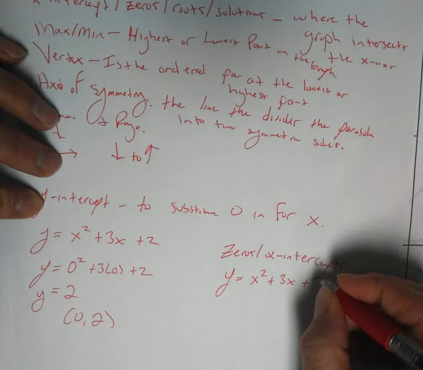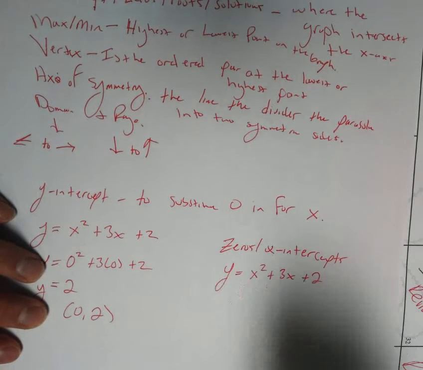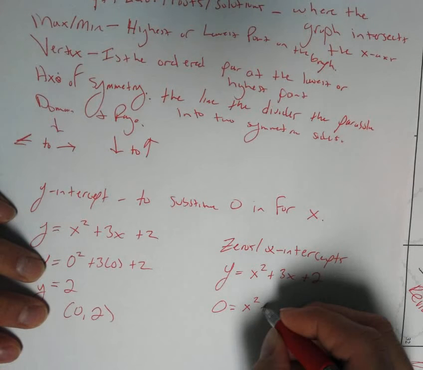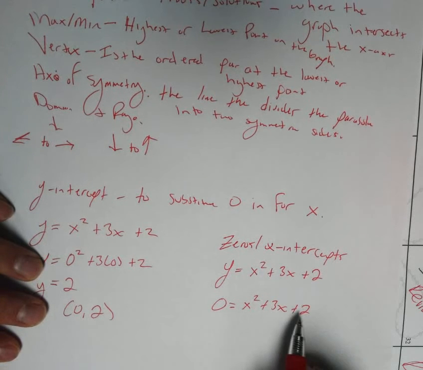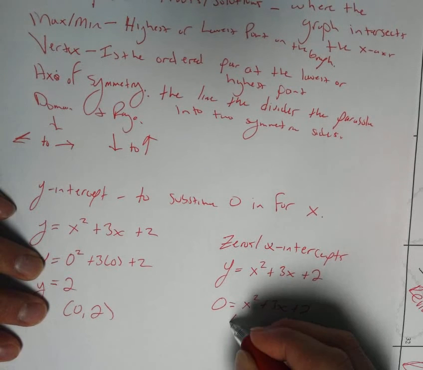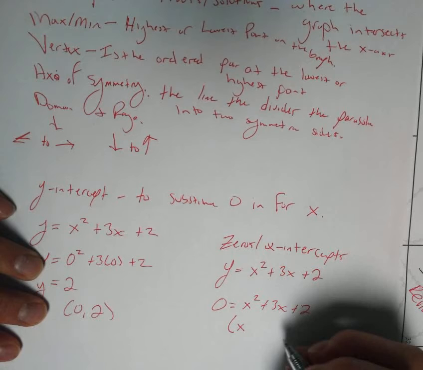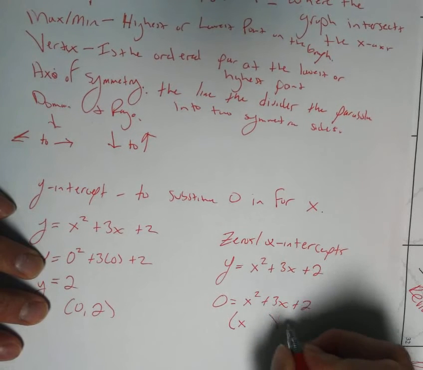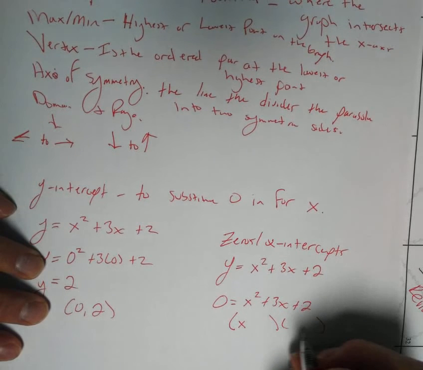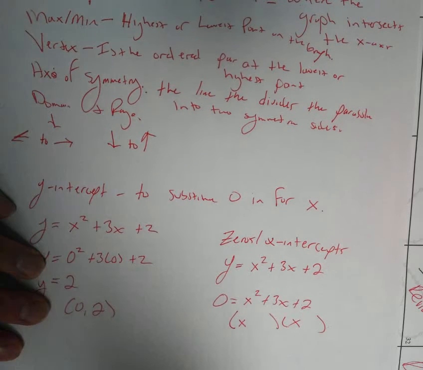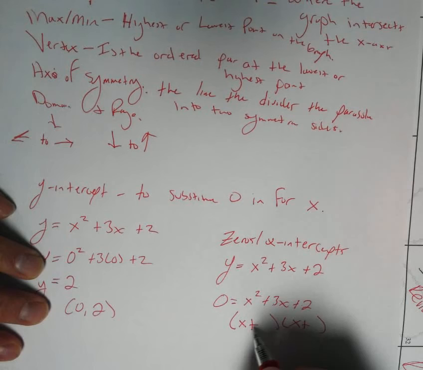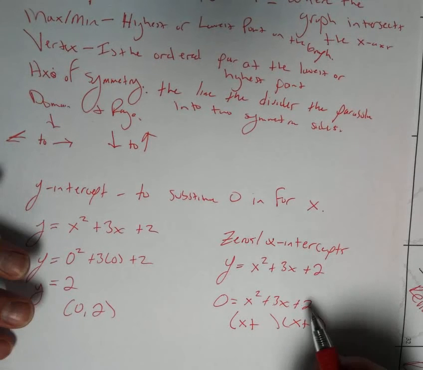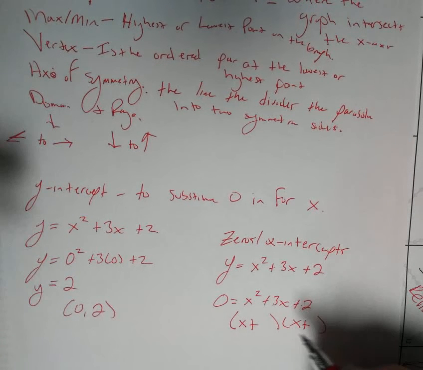Okay. Now from here we get 0 equals x squared plus 3x plus 2. Well, since we have a trinomial, we want to factor it. And the way you factor it is you split it up into two binomials, x in each one. And then since it's plus plus, we know that's going to be plus plus. And then what are the two factors that go into 2? Well, we got 1 and 2, so 1 and 2.